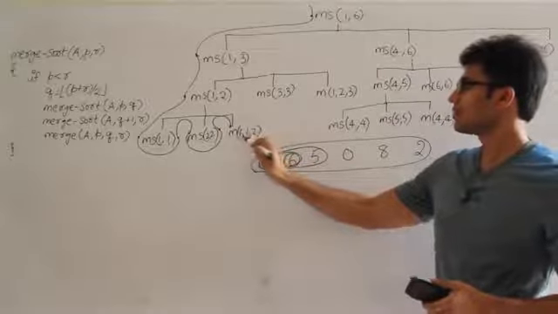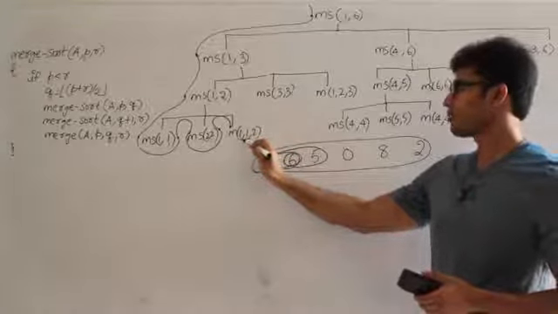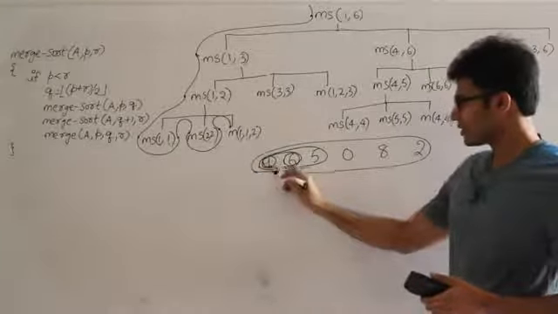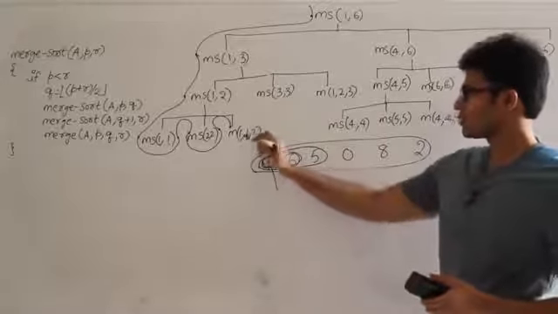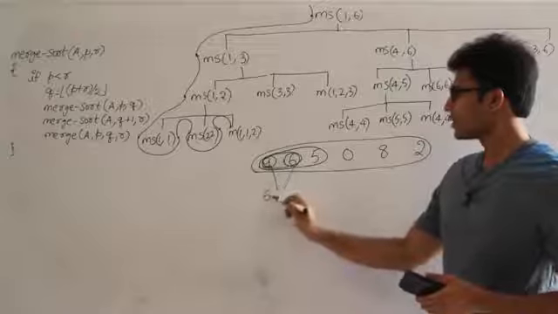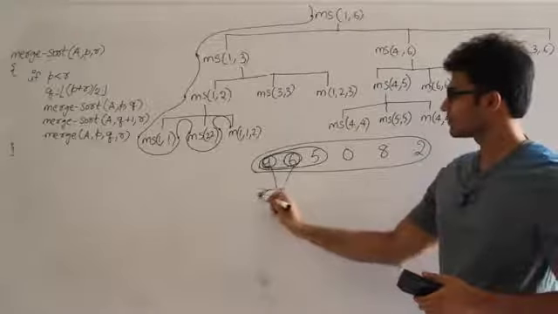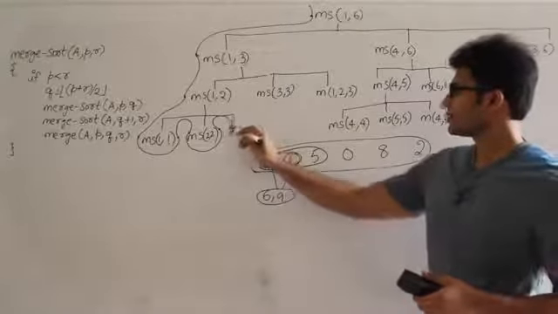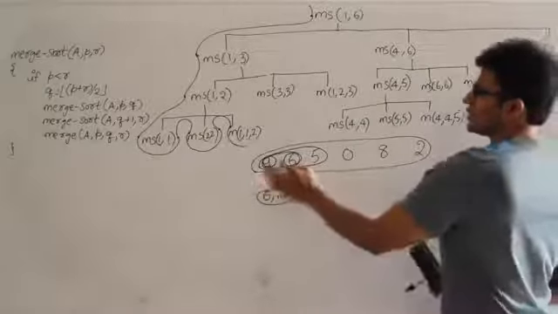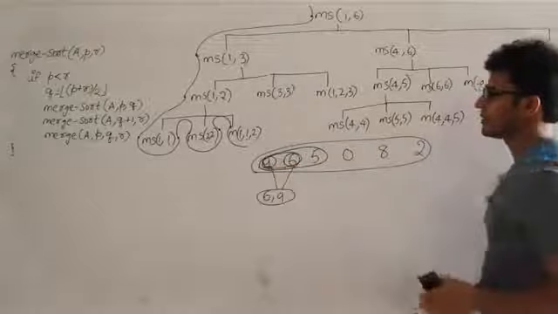This merge is called to merge the list from 1 to 1 with the list 2 to 2, which means this is supposed to merge these two numbers. If I merge these two, what do I get? 6, 9, right? So by the time I reach here, I am going to merge 6 and 9. I am going to get 6, 9.